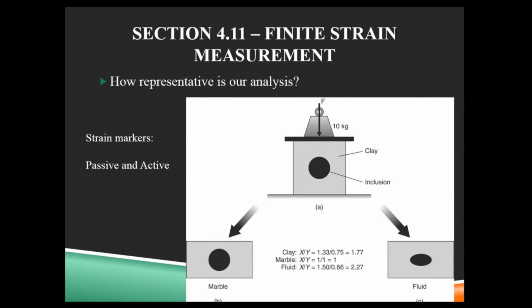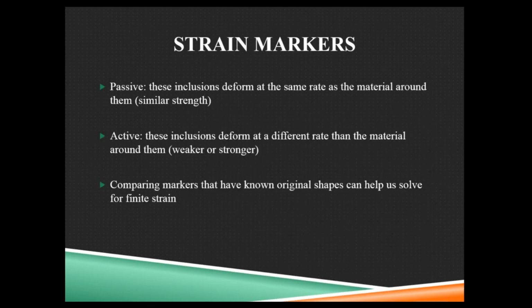Or we could stick a piece of red clay in the middle of blue clay. It's the same stiffness, it's just a different color, so it's still a marker, but it's going to deform exactly the same as all of the rest. Everything's going to deform evenly. So a passive marker is something that is similar in strength.